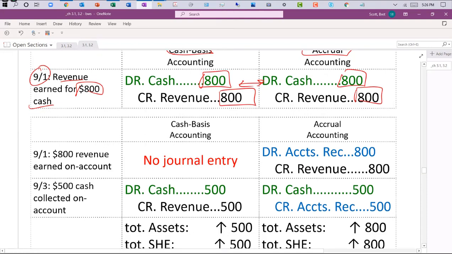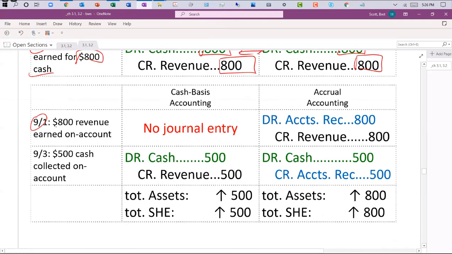But what if I earn $800 on account? Someone says they're going to pay me back later. What does that mean to me if I'm a cash basis person? There's no journal entry. If I'm cash basis, I don't record any type of journal entry until I get cash. But if I'm accrual basis, I'm going to record revenue for the full amount that I've earned.